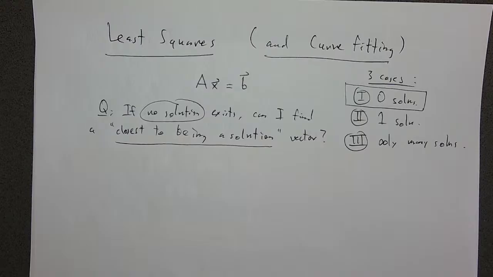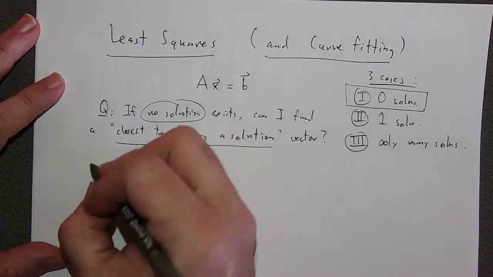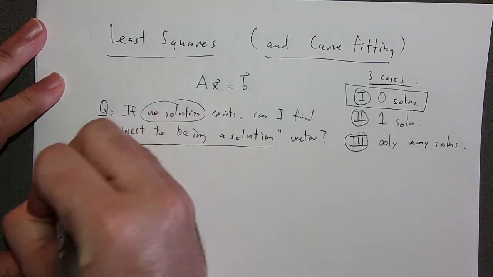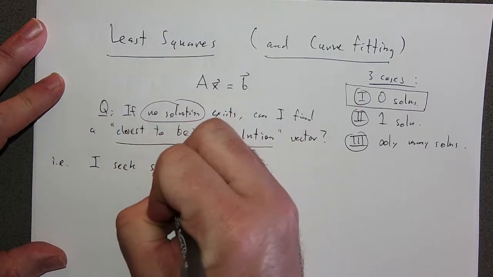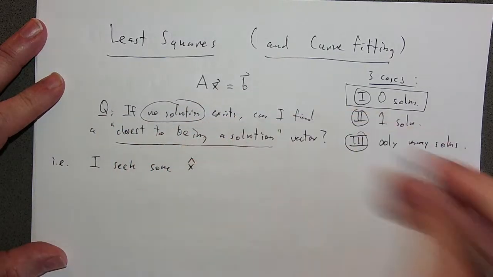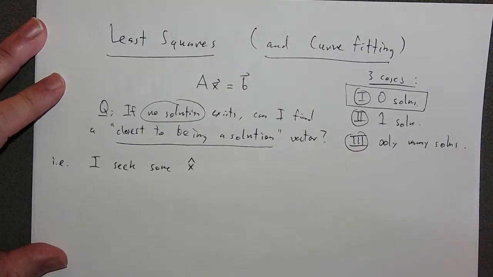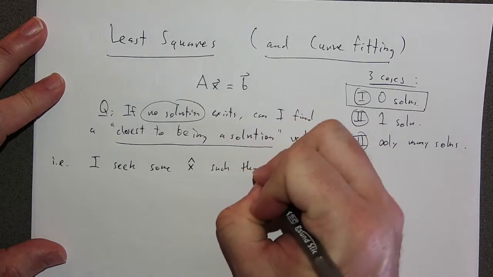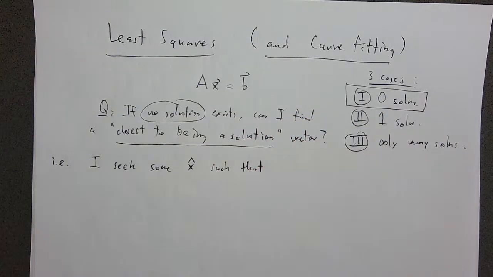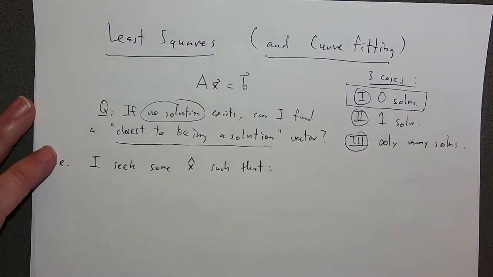So the question is, I seek some x hat such that, well, let's think about this. I want it to be the closest to being a solution. What does that mean?